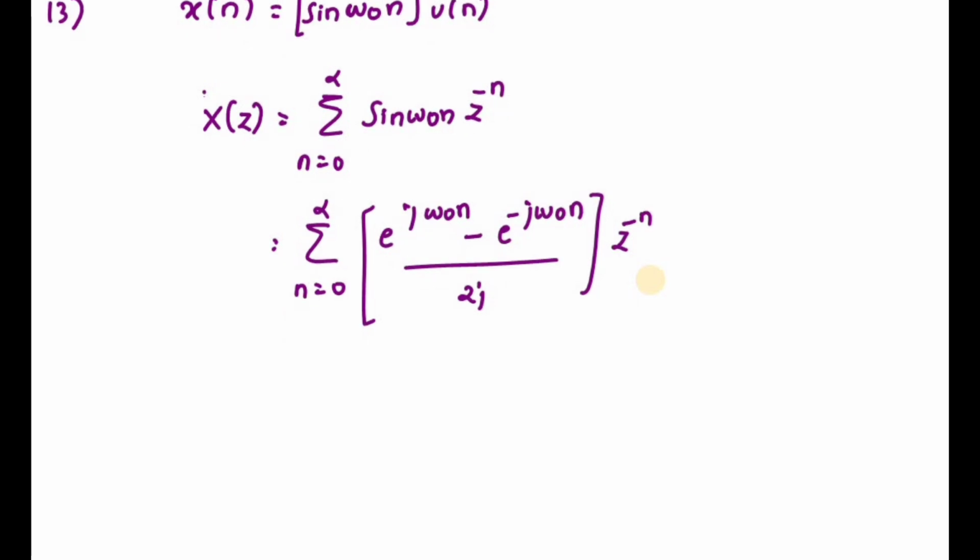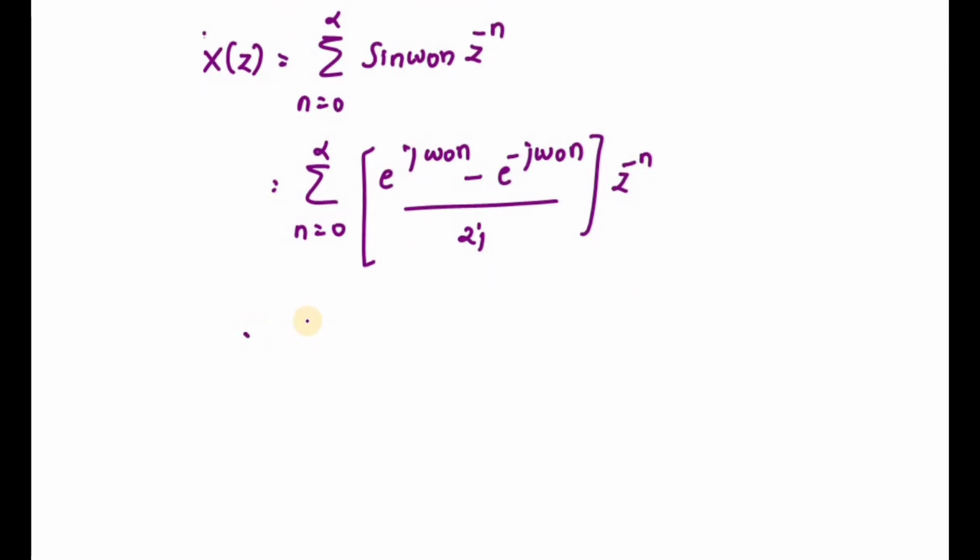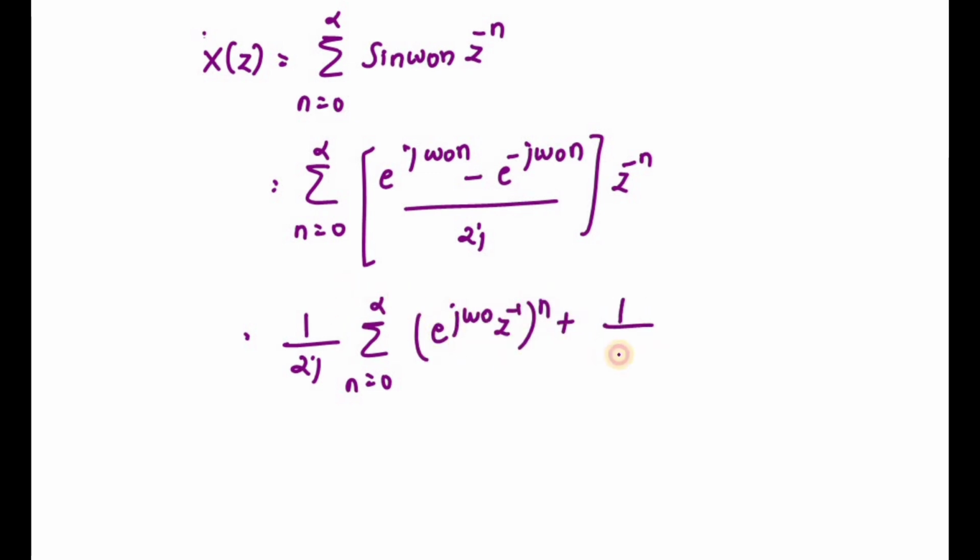Okay. So from this I can write 1 divided by 2j, taking it outside, summation n equal to 0 to infinity of e power j omega naught z power minus 1, the whole power n, plus 1 divided by 2j summation n equal to 0 to infinity of minus e power minus j omega naught z power minus 1, the whole power n.